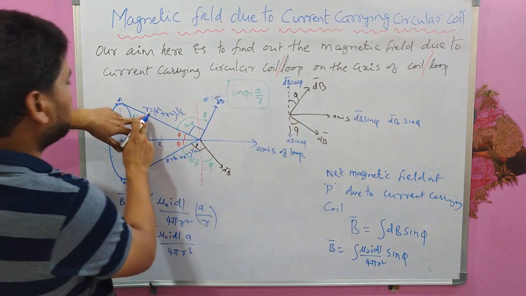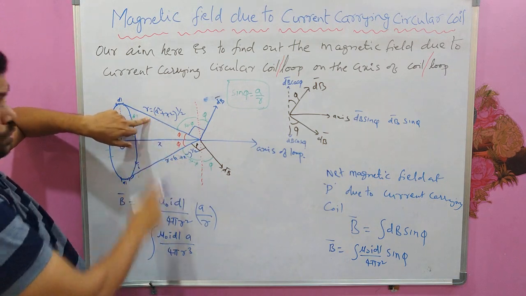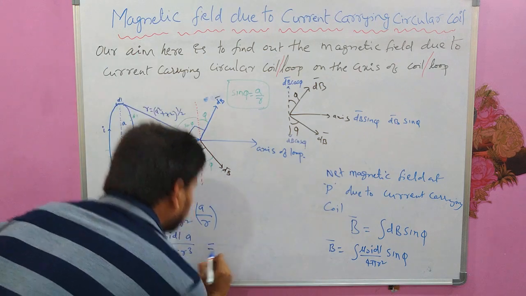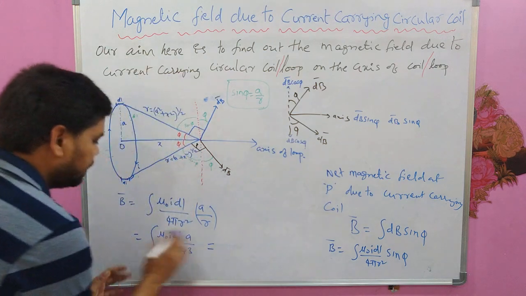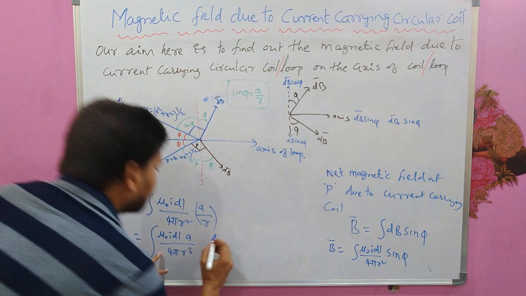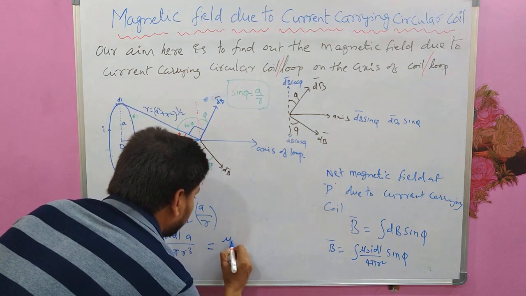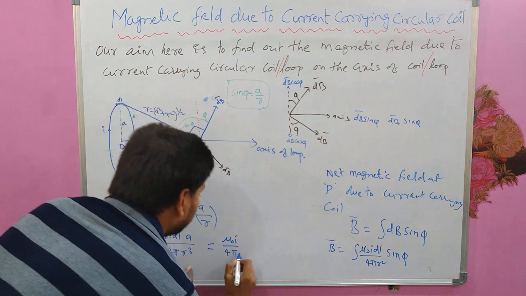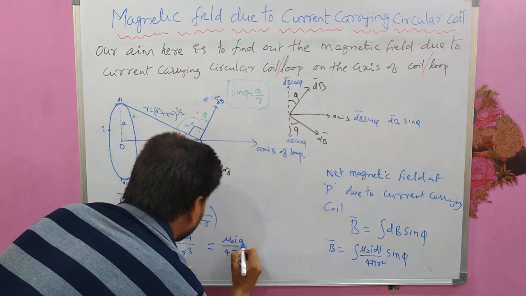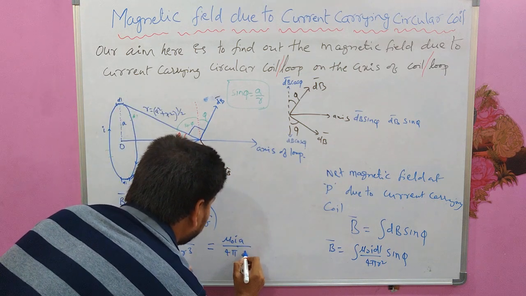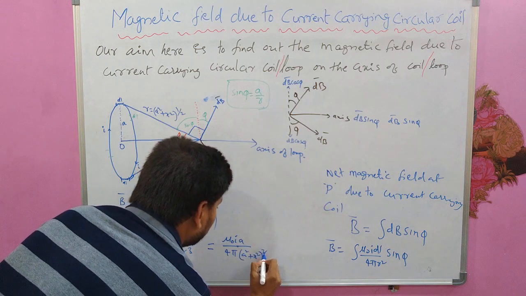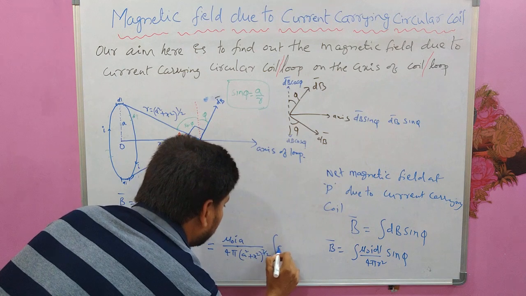And we know that r is the square root of a square plus x square. Substituting that, and taking the constants out of the integral, we get mu naught I A by 4 pi, and r cube I can write as a square plus x square whole power 3 by 2, integral dl.